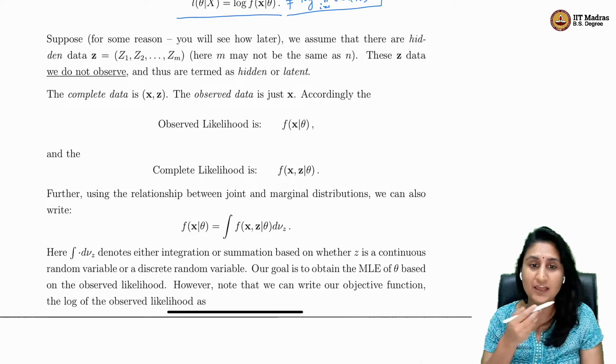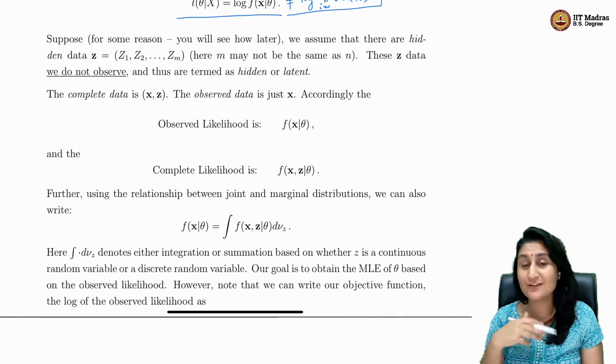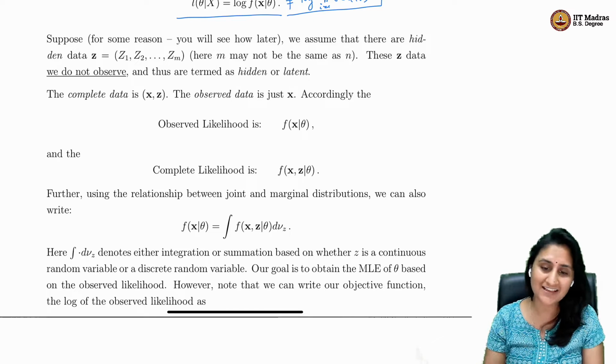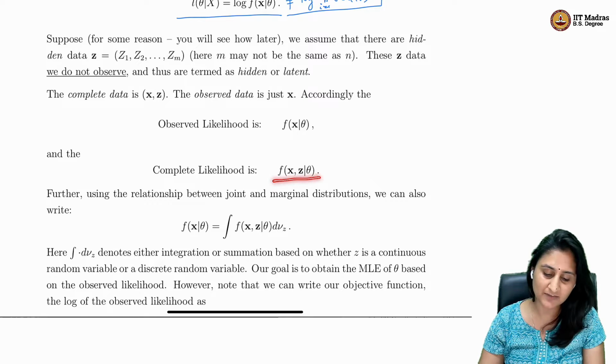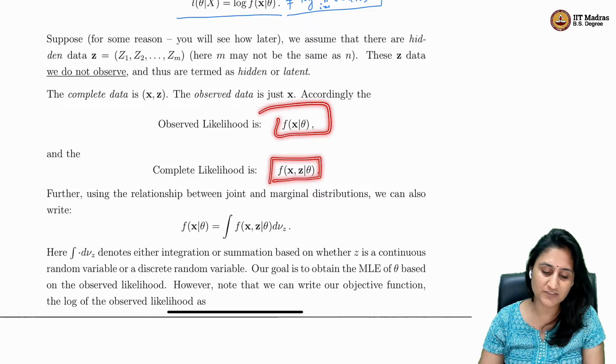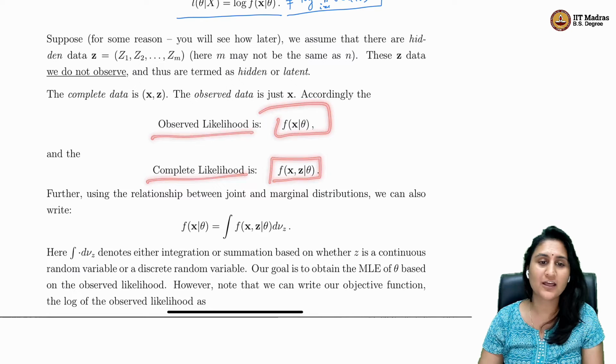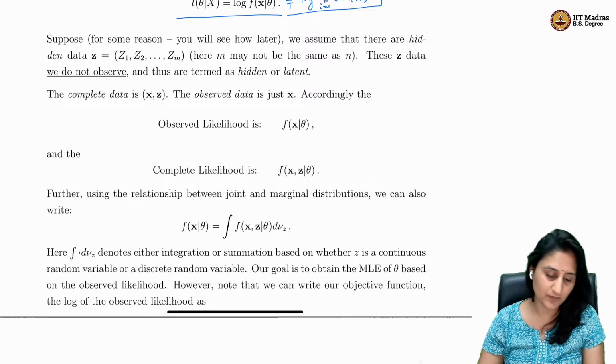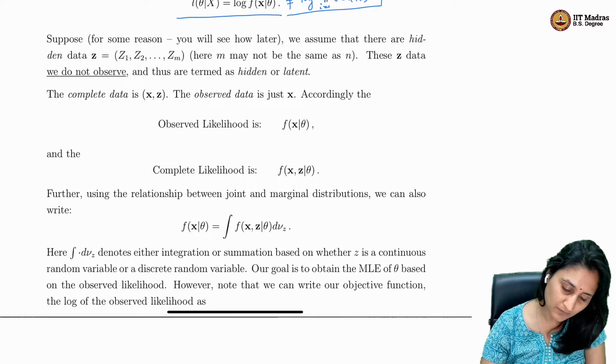But the complete likelihood, if we had observed both z and x, is f of x comma z given theta. So these are the two distinctions between the observed likelihood and the complete likelihood. This one we actually don't observe.